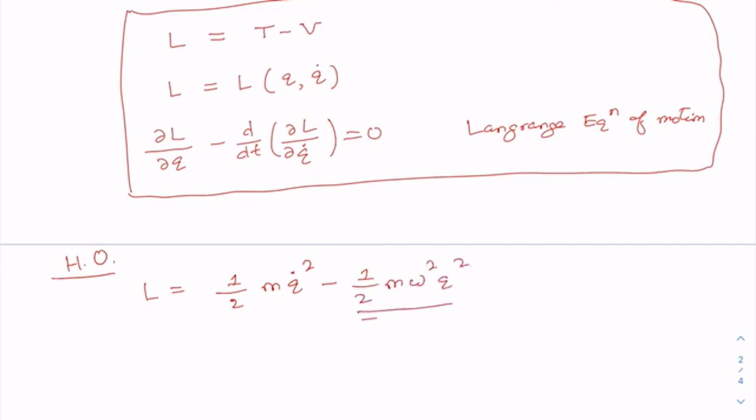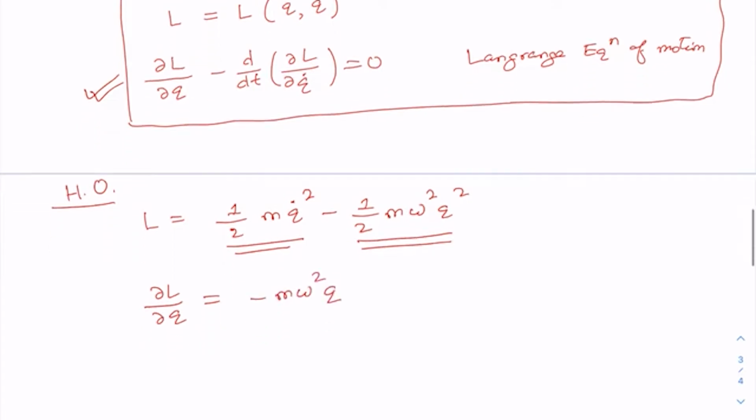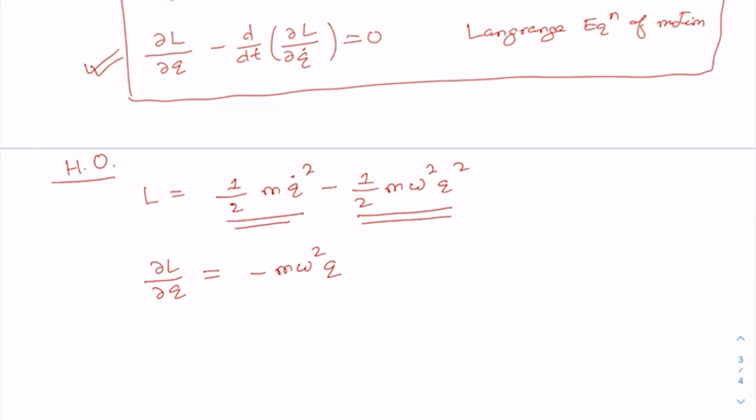This is the kinetic energy part, and this is the potential energy part, and it satisfies the Lagrange equation of motion, which is nothing but the so-called Newton's equation of motion. That is what we are going to get. You see, del L del q will be minus m omega square q, and del L del q dot is equal to m q dot.